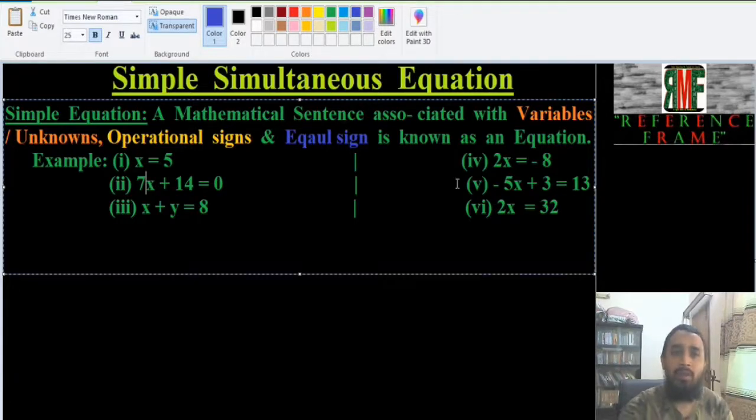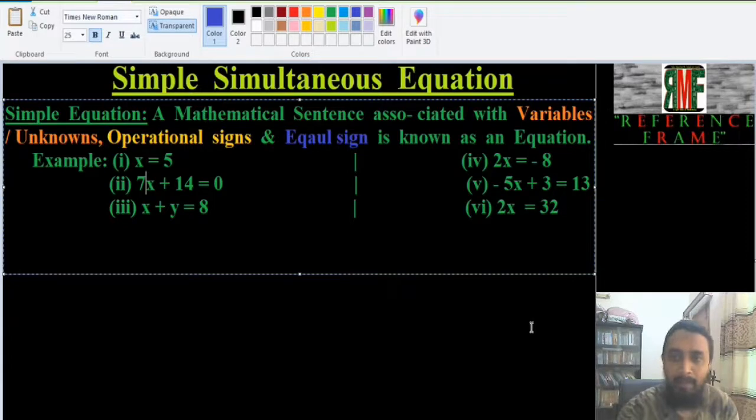You learned this kind of equation in the previous classes, but in grade 8 we just deal with the simple simultaneous equation. Simultaneous means here we need to have at least two variables. For solving a simultaneous equation we need to have at least two variables.